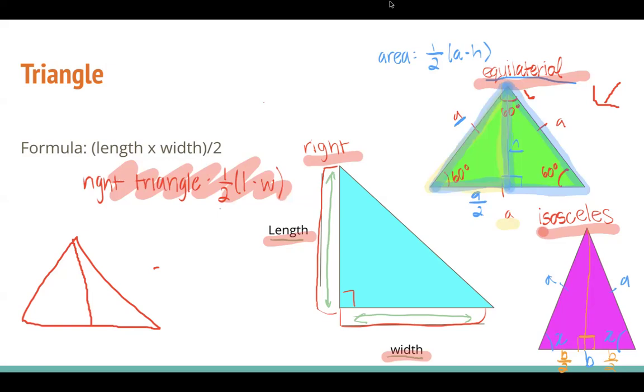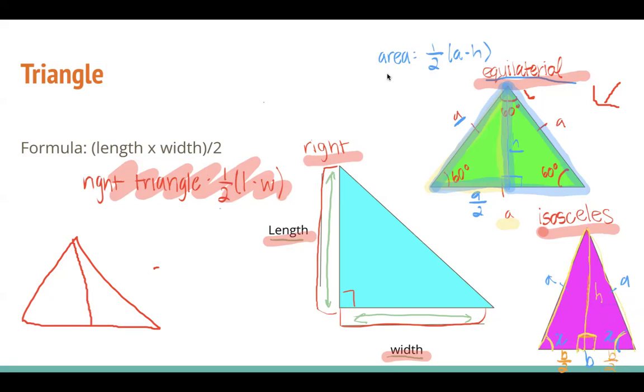And then we'll go over an isosceles triangle. For an isosceles triangle, two of the sides are the same, and so two of the angles are the same. If these two sides are equal, then these two angles are equal. Once again, to find the area, you split it down the middle into two right triangles, and you have another height.